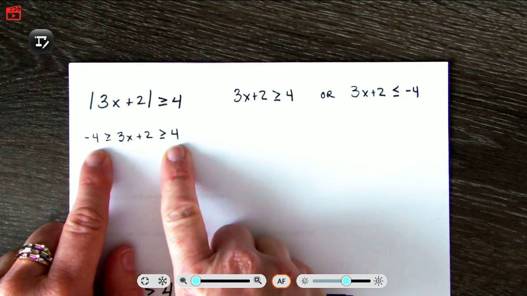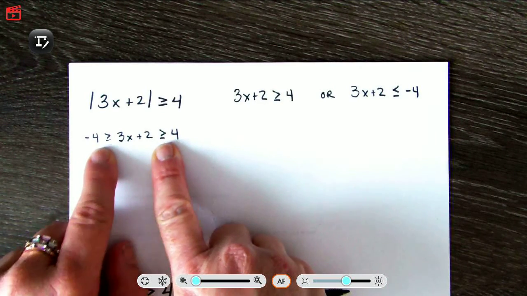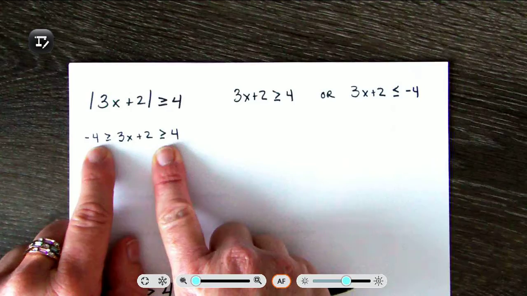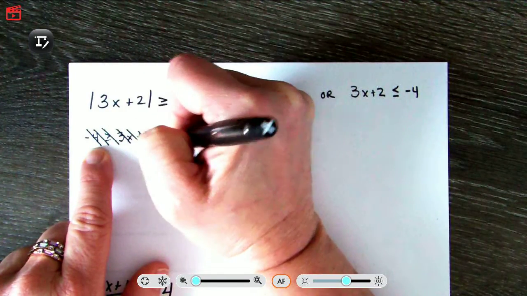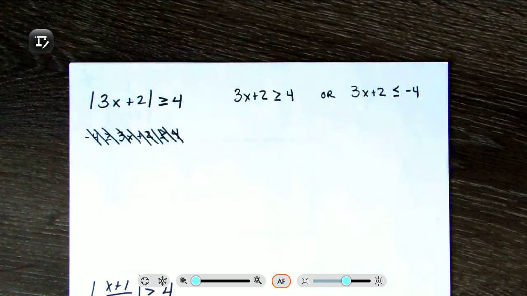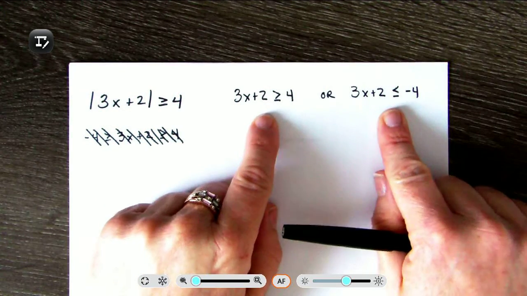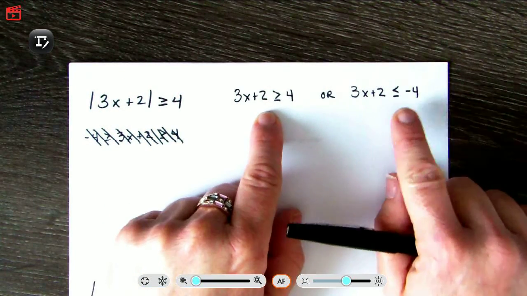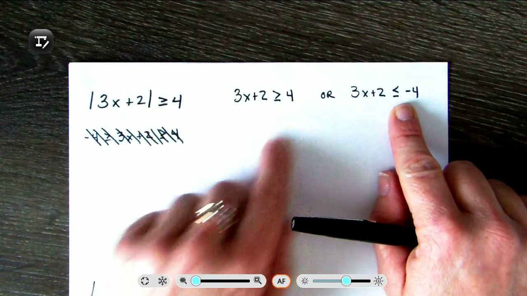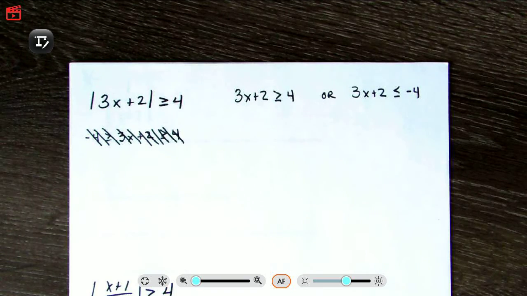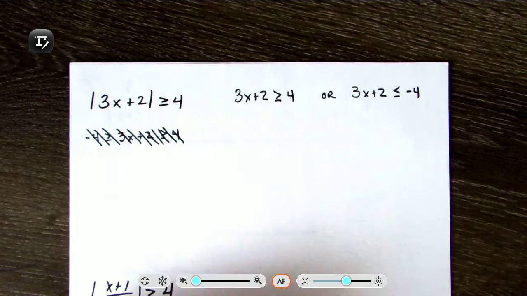This is telling me that 4 is less than or equal to negative 4, which is not a true statement, which is why we can't write it as a compound. We need to split it into the two ends, because you can't be bigger than 4 and less than negative 4 at the same time, because you're either on the upper end or down on the lower end.